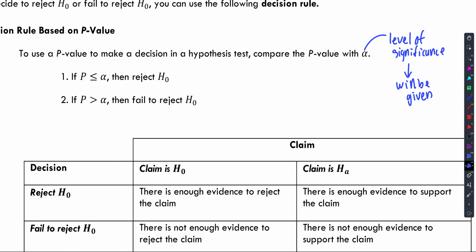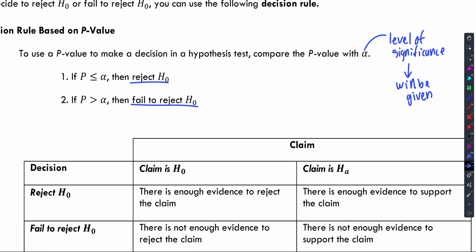Once you've calculated your p-value, if your p-value is less than or equal to your level of significance, then you reject. Otherwise, if p is greater than your level of significance, then we fail to reject. So we made a decision either to reject or fail to reject.